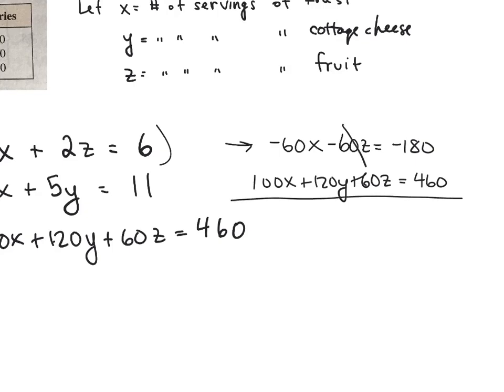I can eliminate z, and then you've got to be careful and look closely. You have to combine the x variables here. That would be 40x. And you also have to be cognizant of the y. 120y combines with 0y, leaving 120y. And then you also combine and subtract right here, and that's 280.